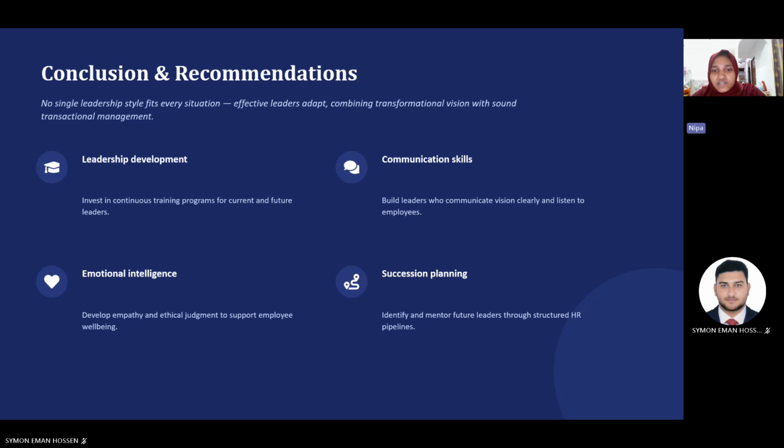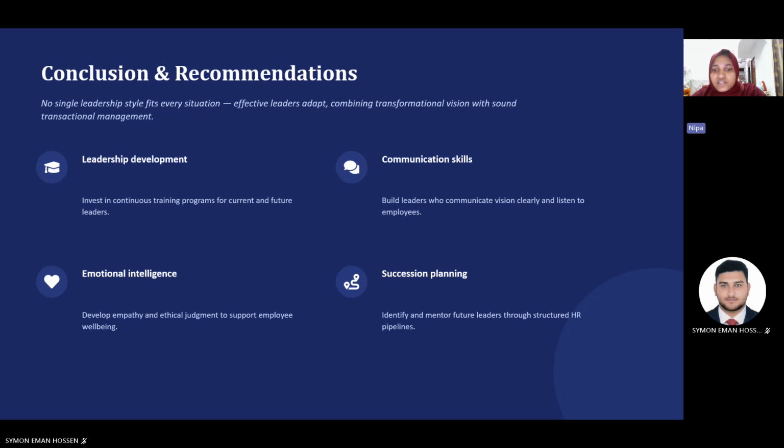I'd recommend organizations act on four fronts. First, invest in continuous leadership development and training to build leaders who communicate a clear vision and actively listen to employees.